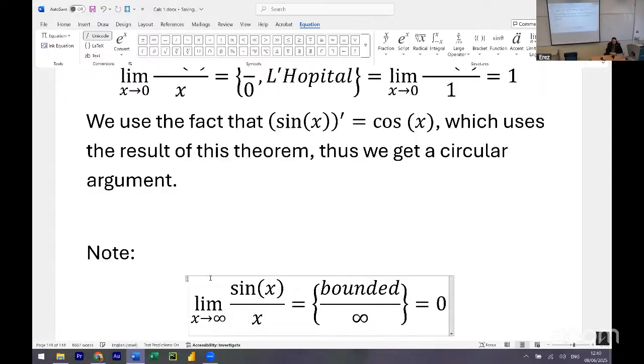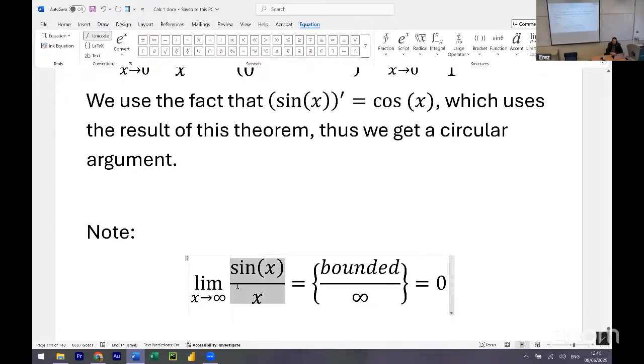A lot of times students confuse that and always see sine of x over x and say 1. When x goes to 0, it's 1. When x goes to infinity, it's 0. And sometimes it's important if that's the exercise. Any questions so far?